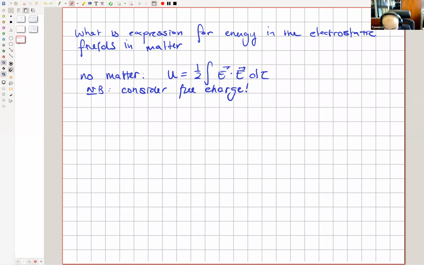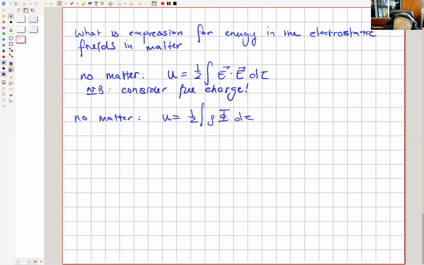If you recall, if there's no matter, then the energy is simply the integral of rho phi d tau, and we put a half here to avoid double counting. We don't want to count the charge density that also produces this particular capital phi.